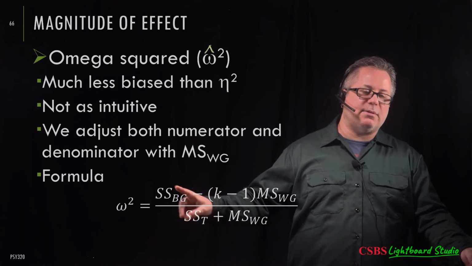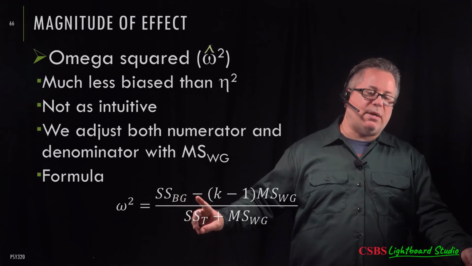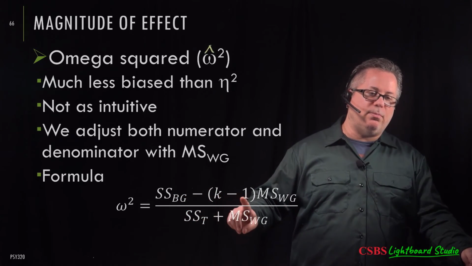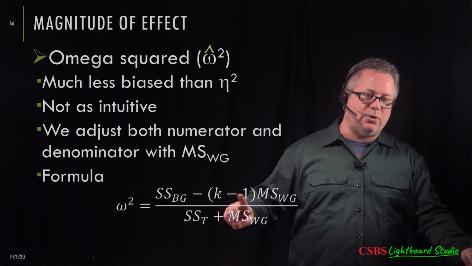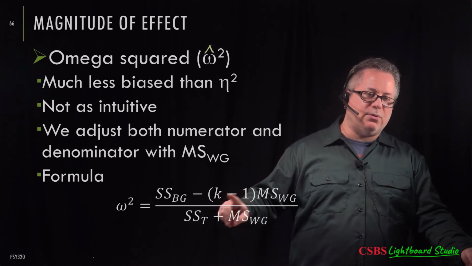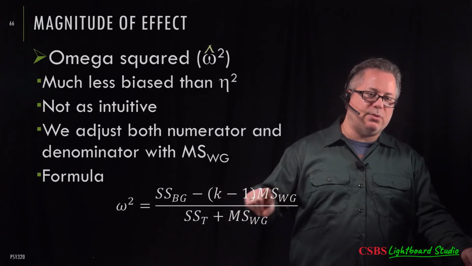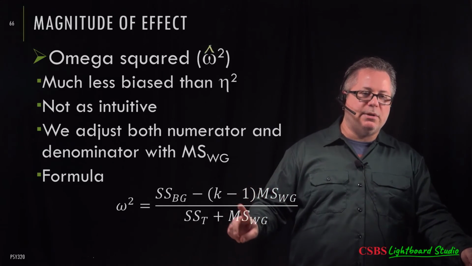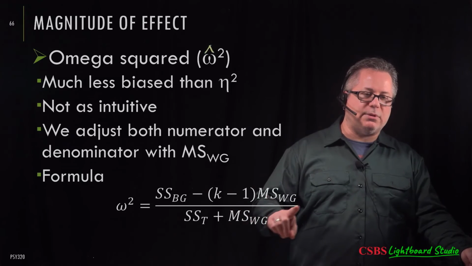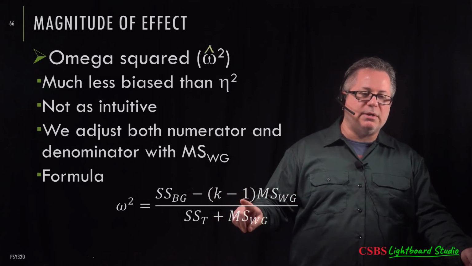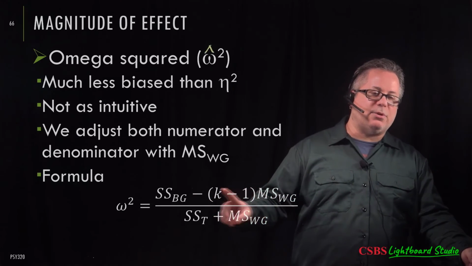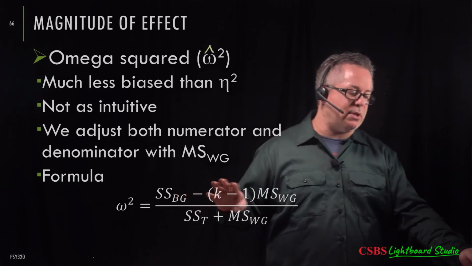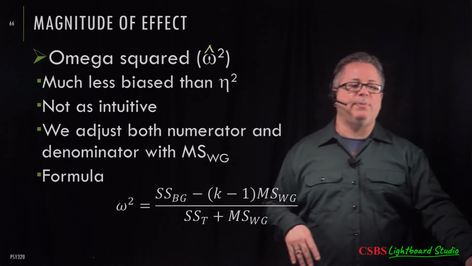So we take the sum of squares between groups and subtract out k minus 1, the number of groups minus one, which is our degrees of freedom, times the mean square within, because every group tends to contribute some random error to the system. We subtract it out of the sum of squares between groups to get rid of as much error as we can from the top.